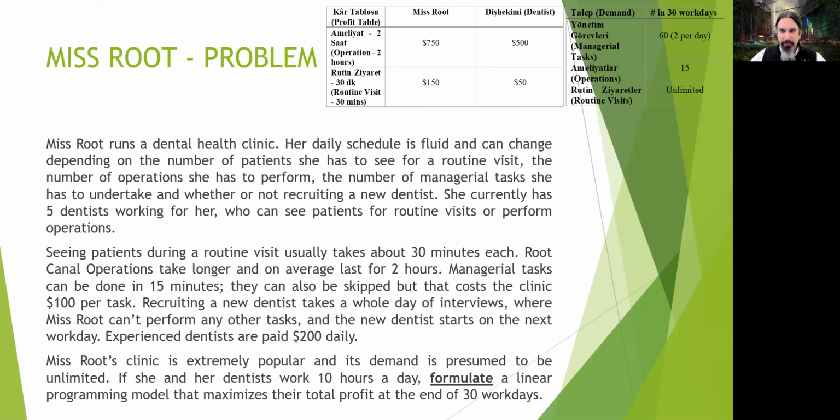What are our decision variables? There'll be a few of them. So, any ideas? Number of dentists in the clinic. Okay, number of dentists we have. All right, what else? Number of managerial tasks.